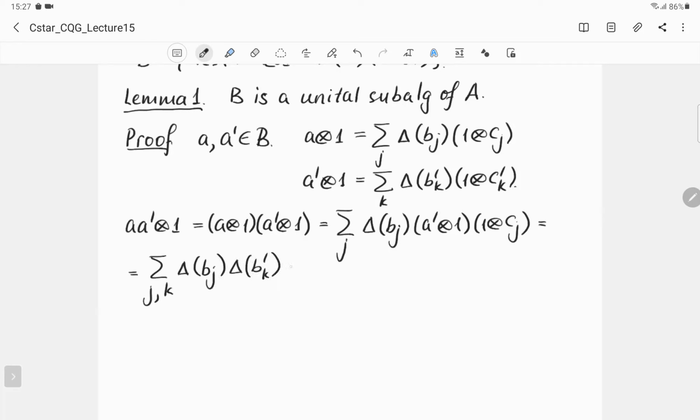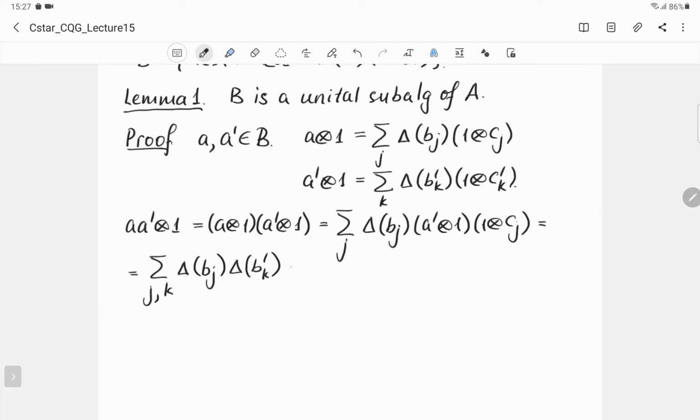Delta of Uik by assumption is the sum over l of Ulk tensor Uik, so we get a double sum over k and l, and we must multiply this on the right by 1 tensor Vkj.